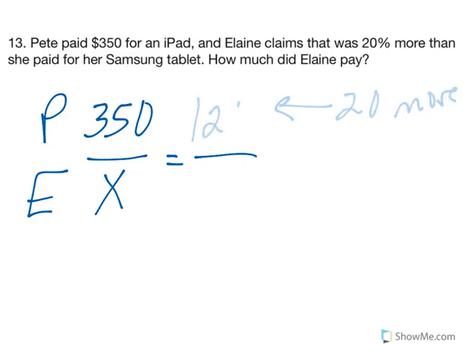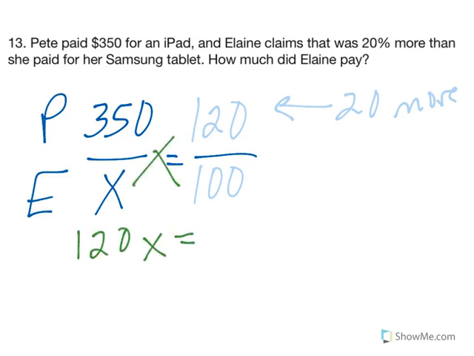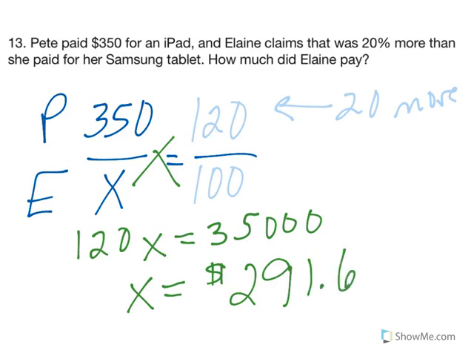So that means we have 20% more than the reference. So now when I cross multiply, I get 120x equals 35,000. Divide both sides by 120. And Elaine paid, rounded to the nearest penny, $291.67 for her Samsung tablet, according to this problem.